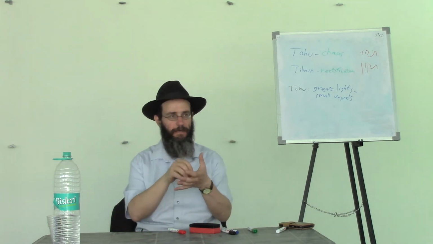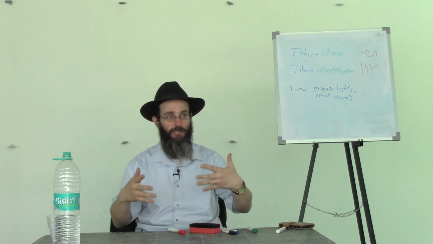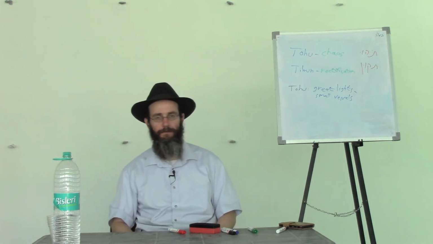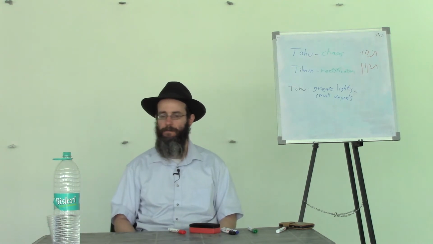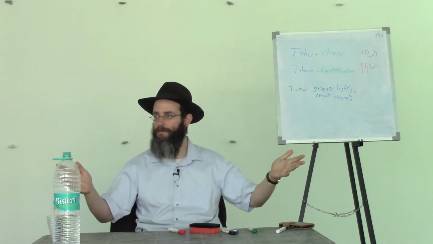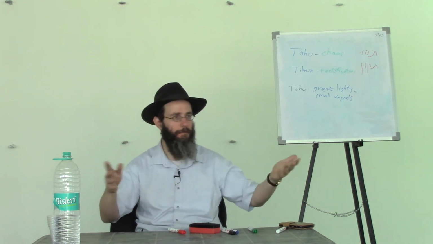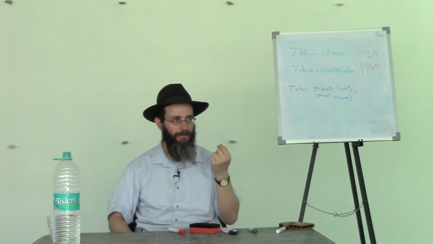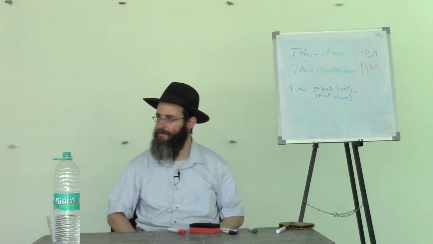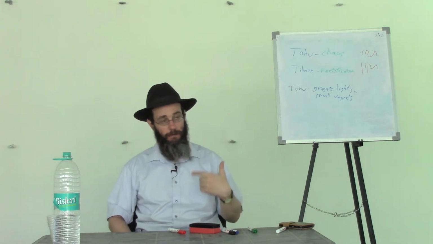The sparks are buried or embedded in the shards, in the remains of the vessels, and it's a bit like diamonds hidden in a mine. There's a mine, it's very dark, it's very black, but it's full of diamonds, they're buried there. So this already gives us a hint of why he did this in the first place. And then he starts the second world, which is the world of Tikkun.